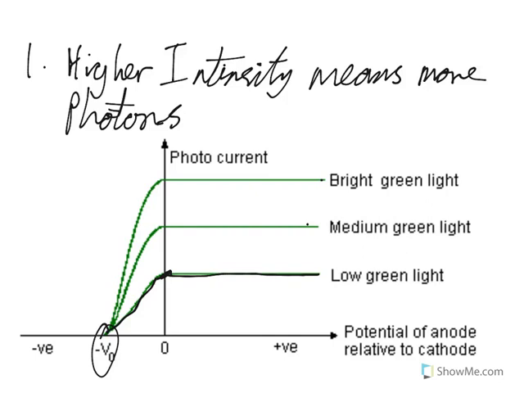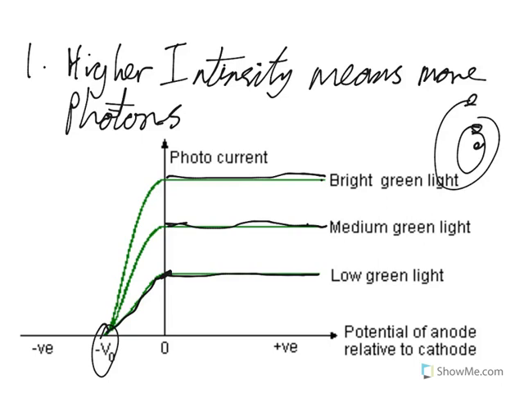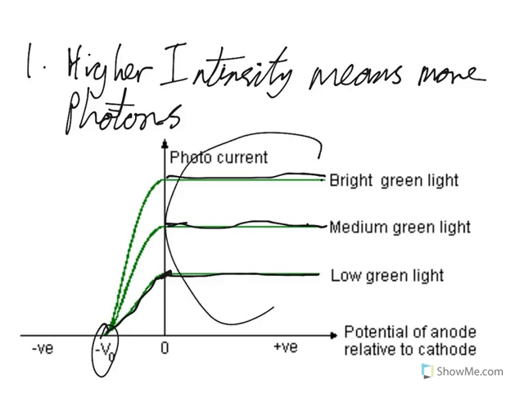Now, you'll notice that these level out and get flat. The reason is that once you've got these electrons and all the others above out, there are no more electrons to get, so you can't get any more current. That's what's happening in this section where it flattens off.